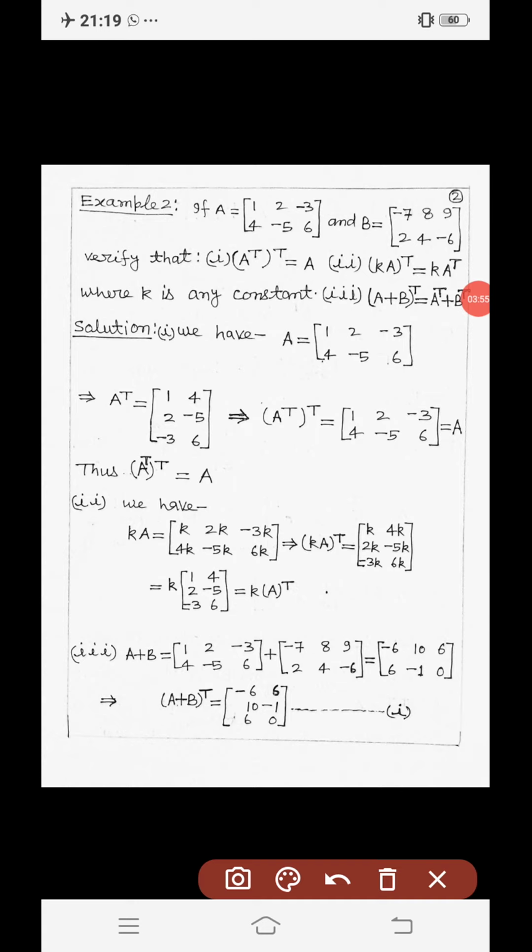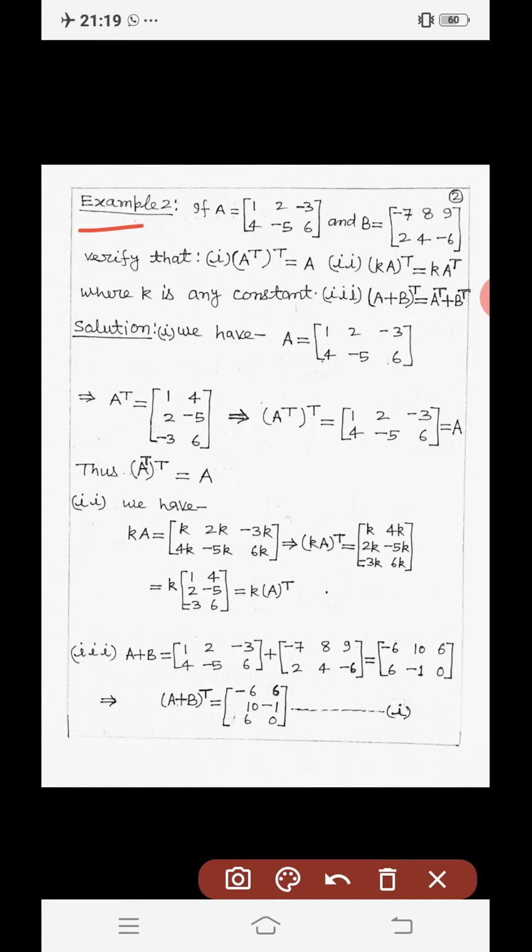Dear students, now we state the above properties of transpose of matrices without proof. These may be verified by taking suitable examples.